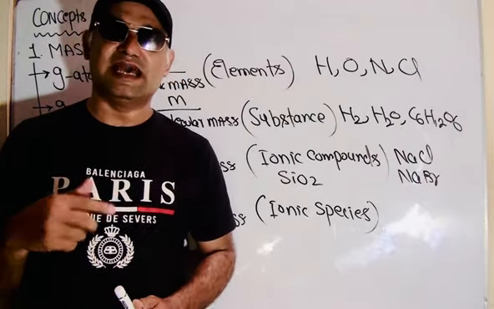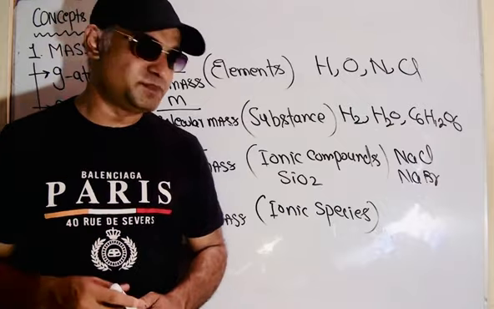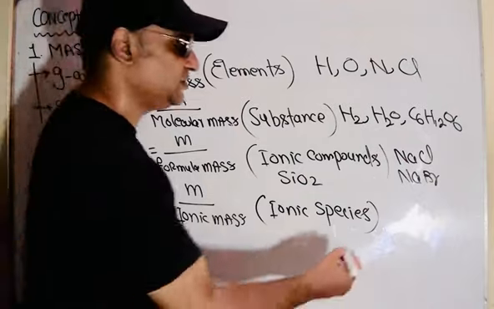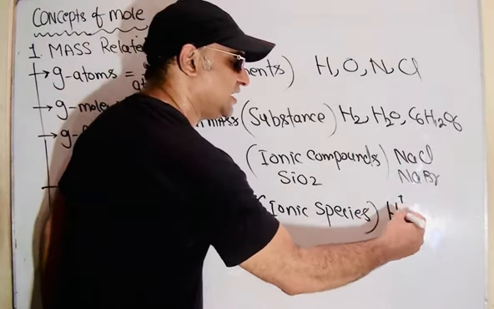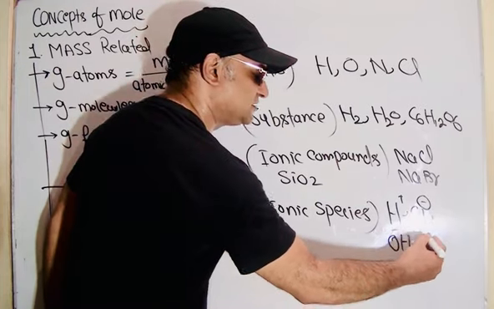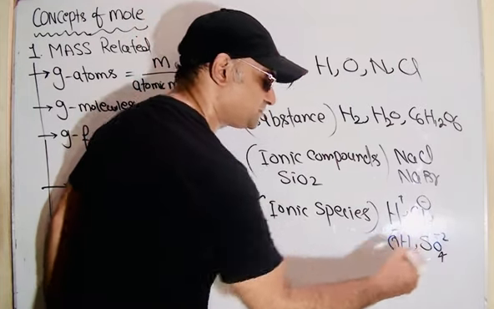Gram formula is also applicable for those compounds. And fourth one is ionic species. Let's take an example of ionic species. Suppose we have hydrogen ions, chloride ions, hydroxyl ions, sulfate ions.